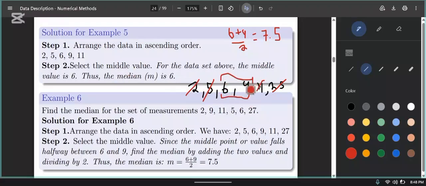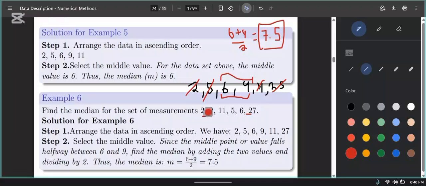So you find the average of these 2 numbers by simply adding them, then dividing by 2. The reason we're dividing by 2 is because there are 2 numbers in the middle, but you only need 1. So you can see this 7.5 falls within the range from 2 to 27.